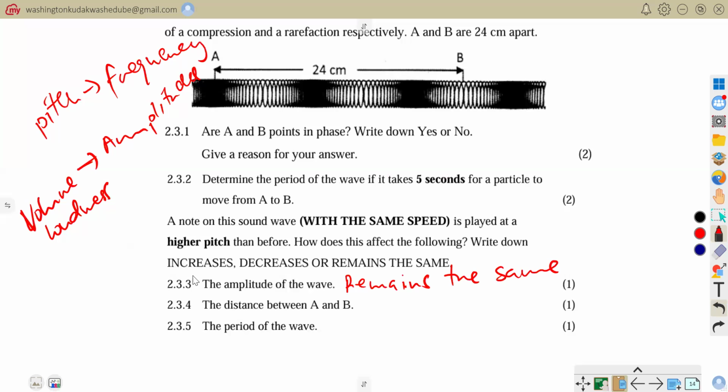Now, they are saying that if we are to play at a higher pitch, the distance between A and B, which resembles the number of wavelengths, is going to decrease.